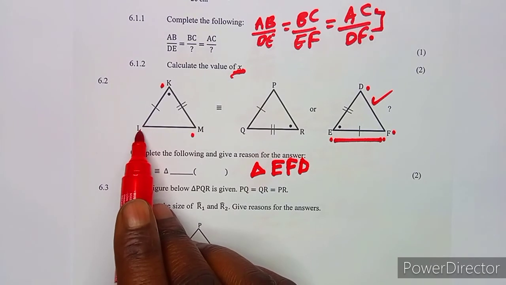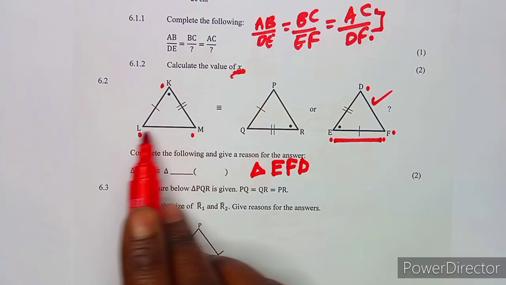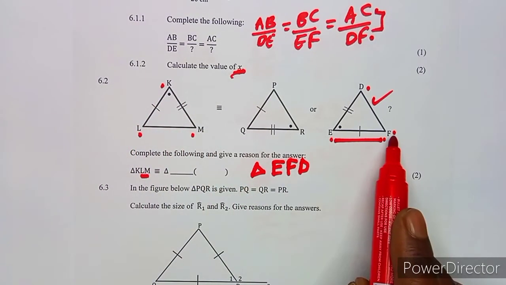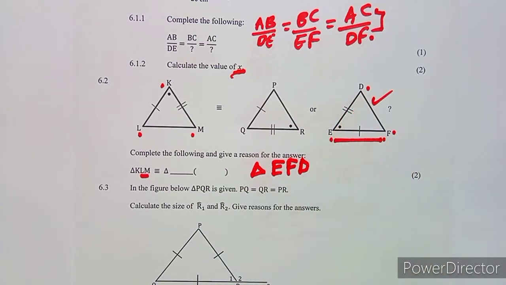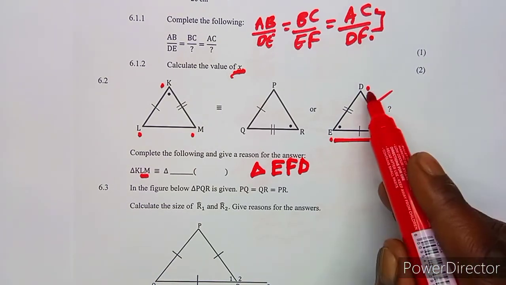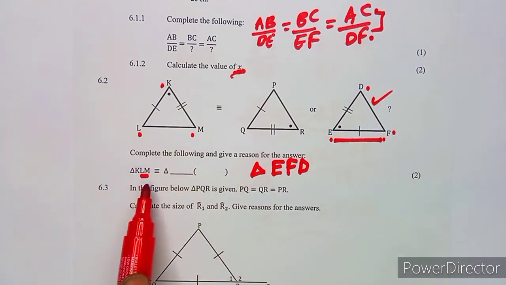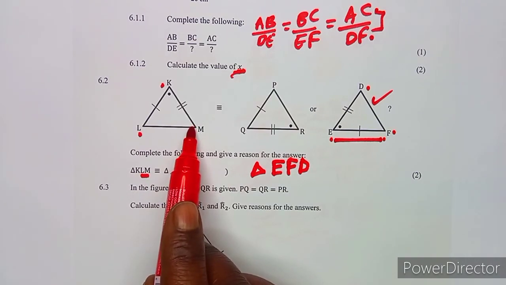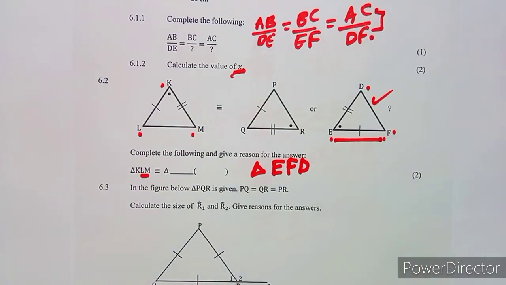If it was LKM, it was going to be FED. That was going to be the case. But this one is not the way. And also it can't be DF, because D, this side, is our last side, which is M here. So this is the condition that you are given there.